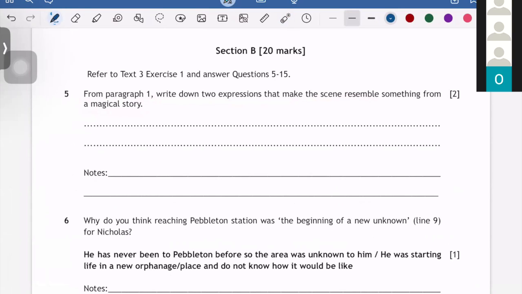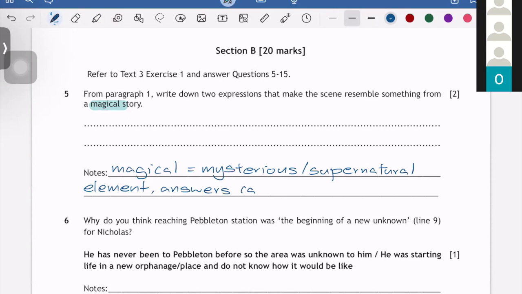That means you can't take the answers directly from the passage. First thing is to tell me what magical means. So that means there is an element of mystery or supernatural. So your answers cannot include realist elements.